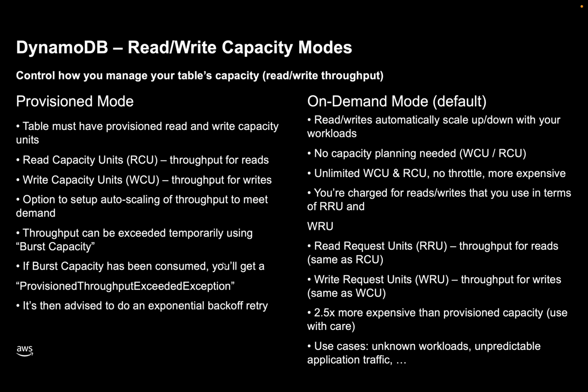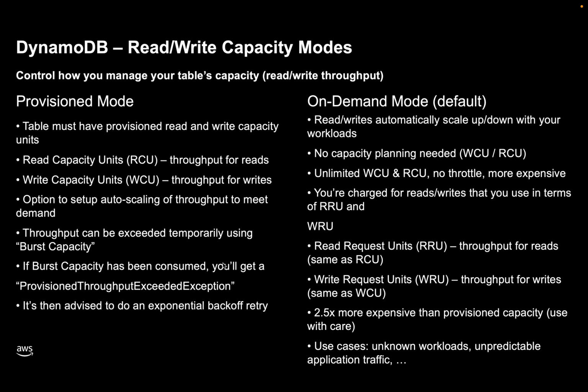Whereas in on-demand mode, the read and write capacity automatically scales up and down with the workload. I mean, we don't need to worry about the read and write capacity units. It will automatically scale up and down based upon the workload. And also we can get unlimited WCU and RCU without any throttling.